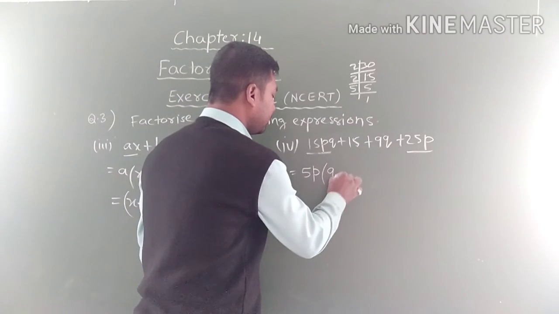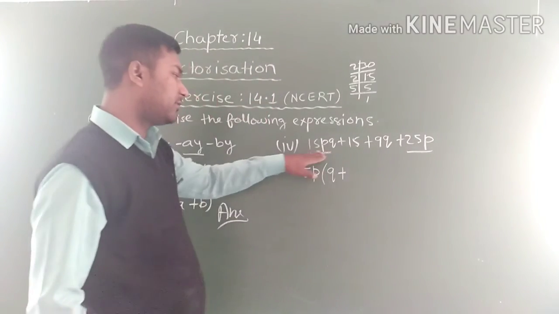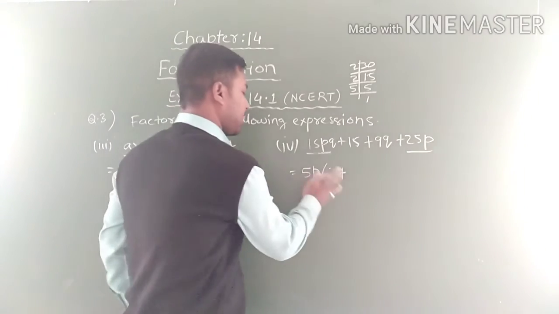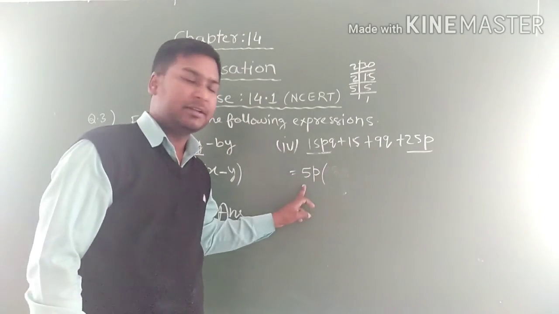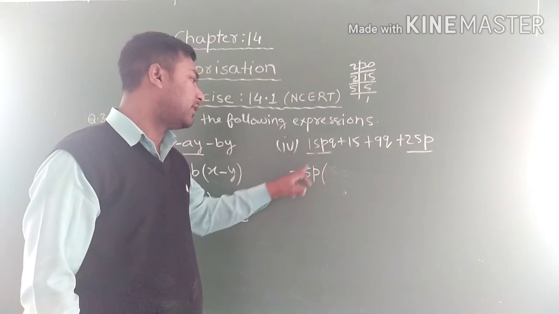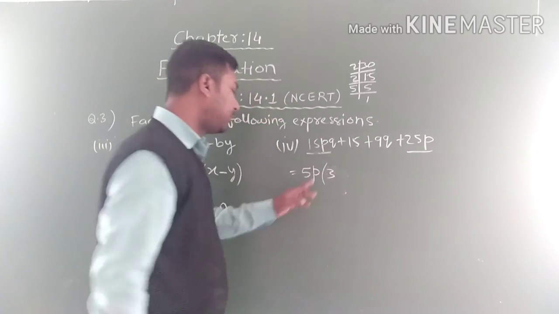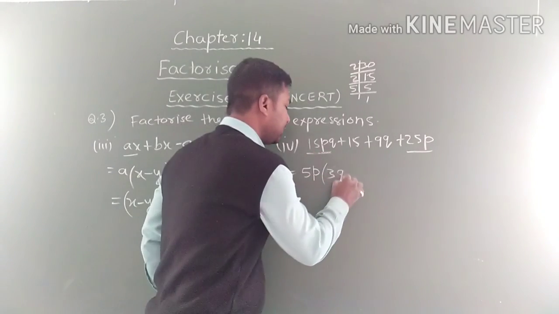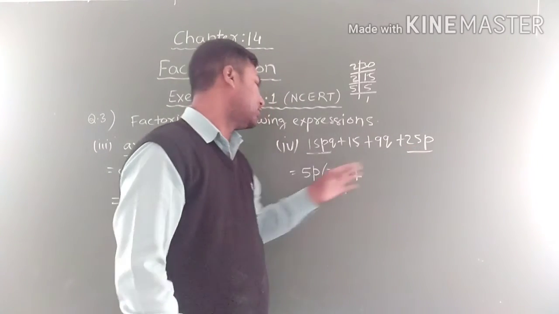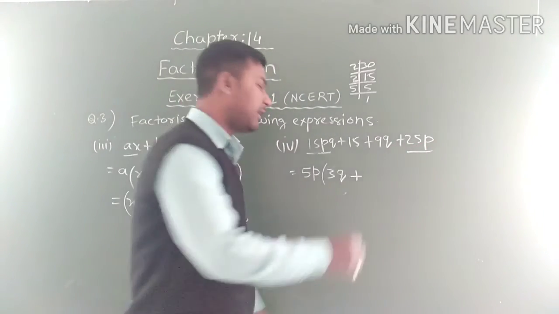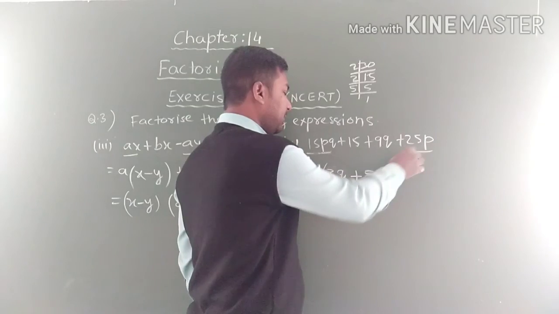Now in these two terms, I am taking common 5p. What is left in the first term? 5 3 is 15, and p is common, q is left, 3q. Okay. Plus 25p. So 5p is common, that means 5 5 is 25, and p is also common.